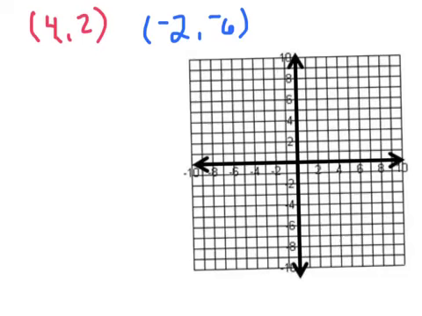So if I give you 2 points, I'm going to use 4, 2 again, and then just to make things a little bit easier, -2, -6. What is going to be the midpoint of that? Let's look at the y values first.